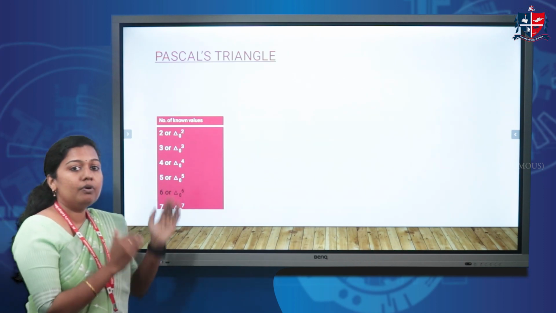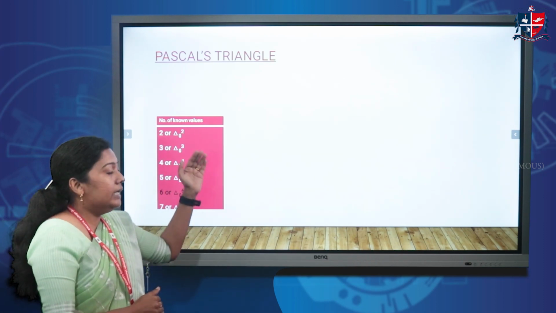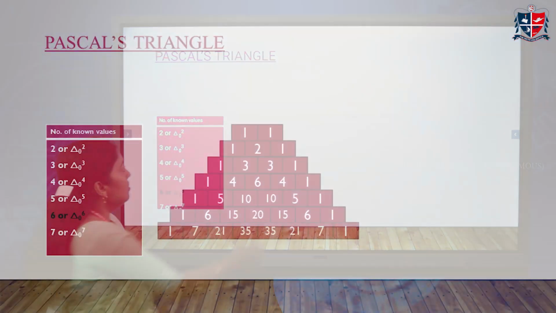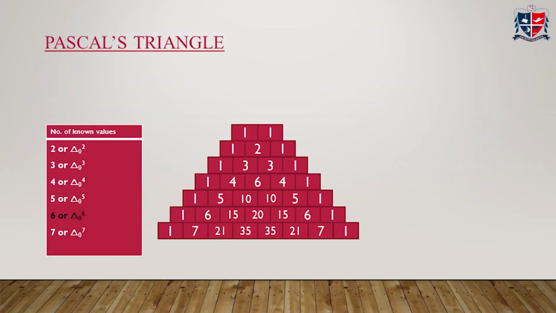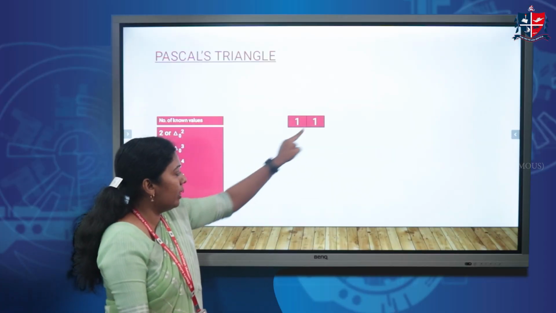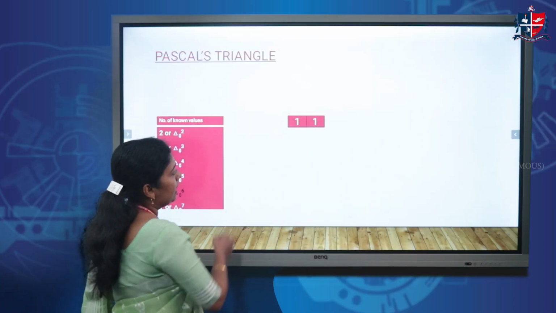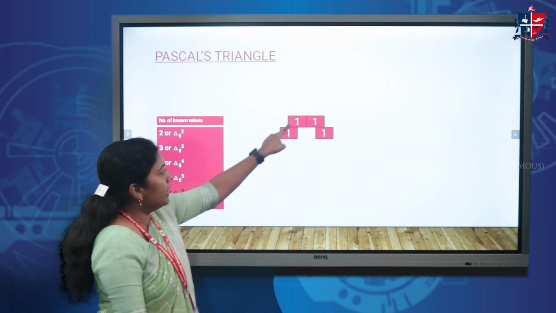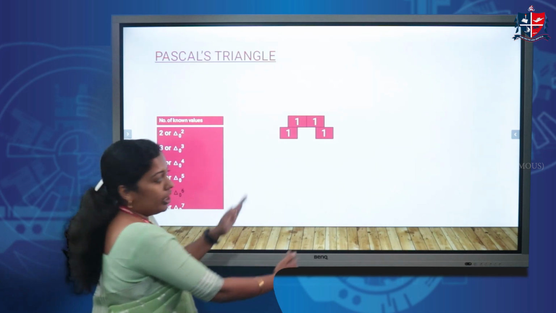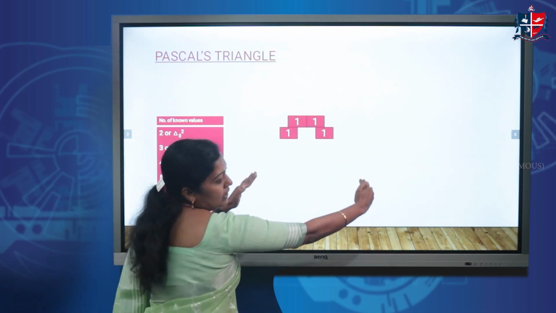If you know how to form Pascal's triangle, it will be easier for you to form the binomial equations. Okay, so for Pascal's triangle, starting with 1 and 1, again in the second line, we have to bring down the 1 to the second line. That is, it will come in the shape of a triangle. So, we have to write it in this way.